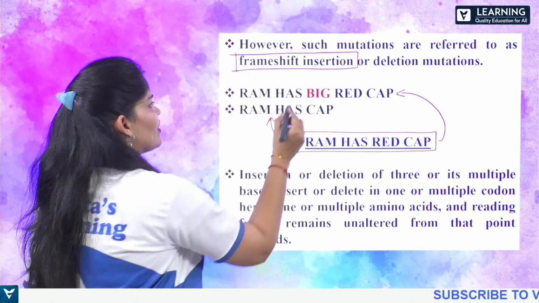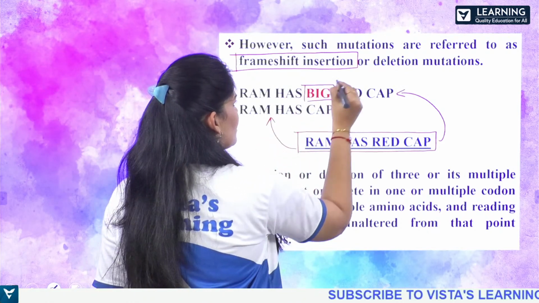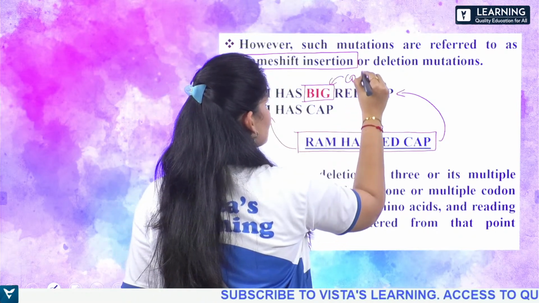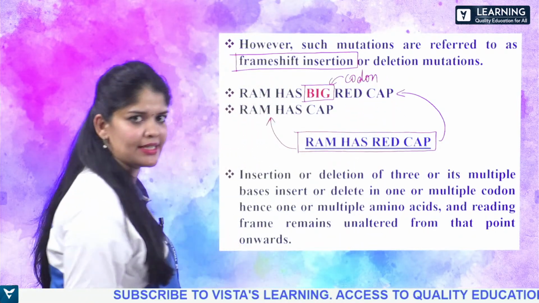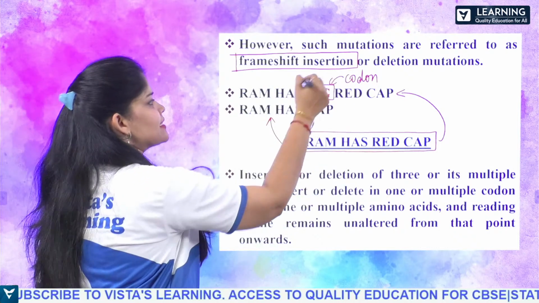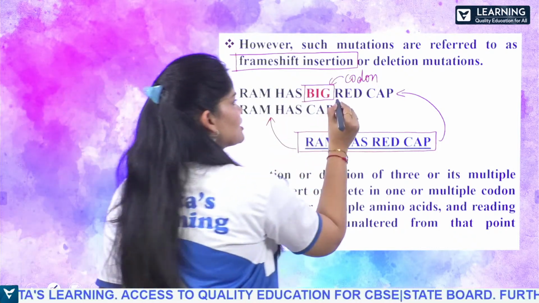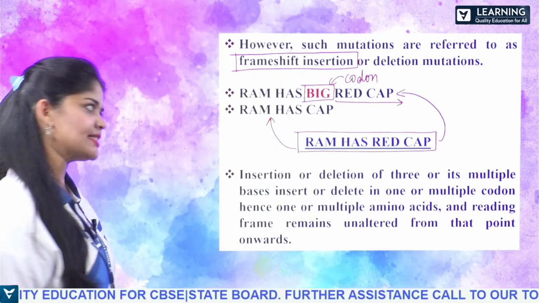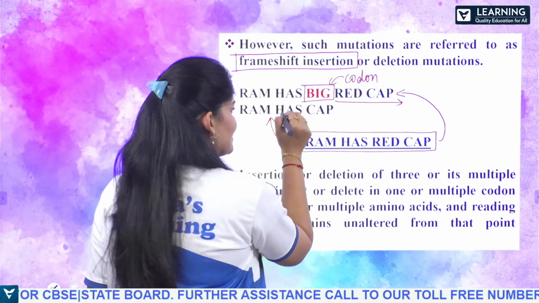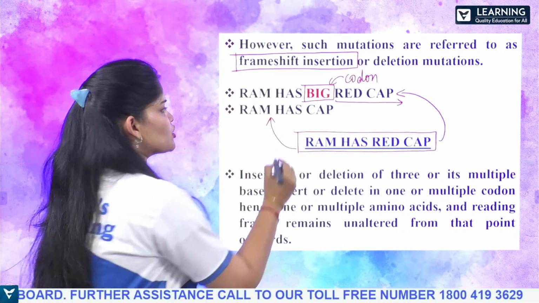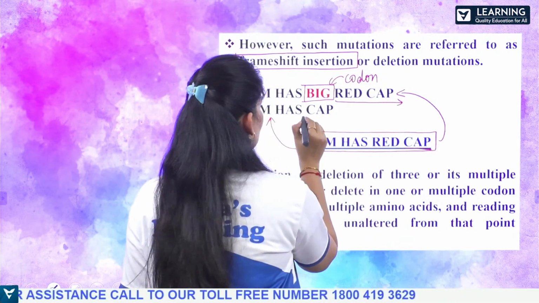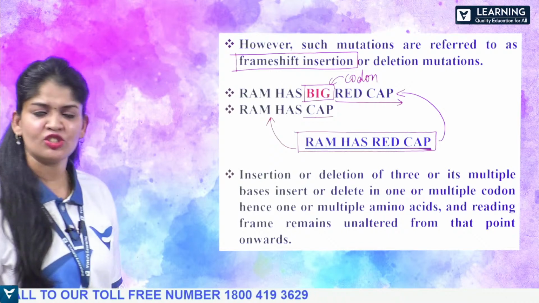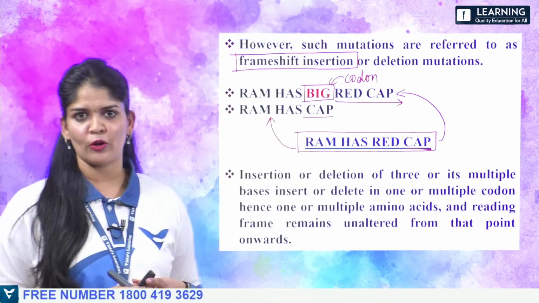So here, if you consider this as a complete codon, a 3-letter word, it is inserted, so there is no shift in the further codons. In the same way, RED is deleted, so there is no alteration or change in the next codon.